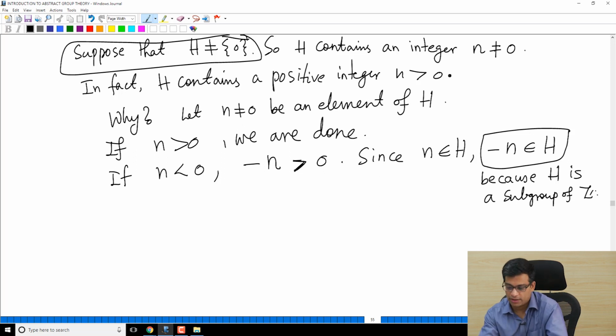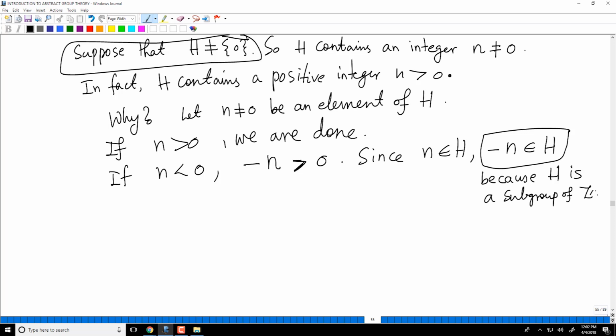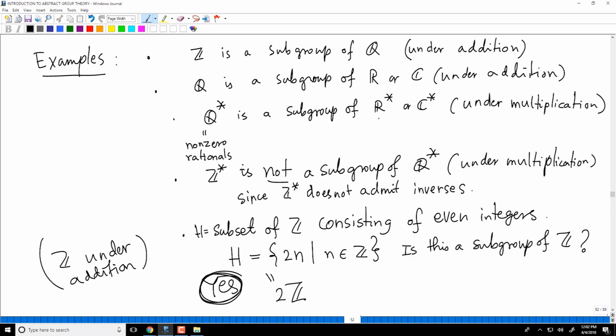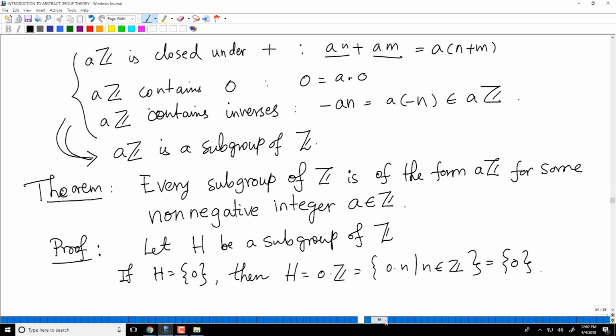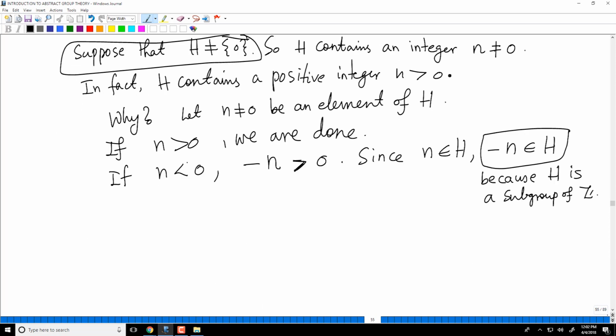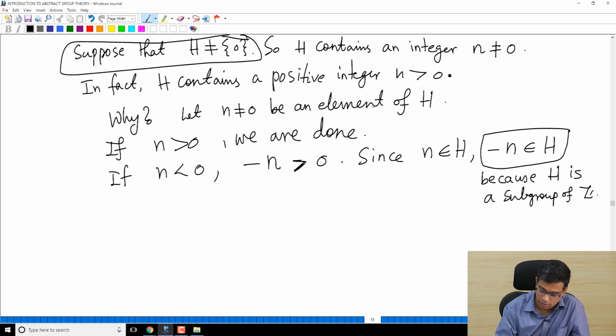This is where we have used the fact that H is a subgroup. If you recall the definition of a subgroup, if a belongs to H, the inverse of a belongs to H. In my example, I am working with Z under addition, so inverses are negatives. If n is in H, minus n is also in H. So, if n is negative, minus n is positive. So, I have justified the statement that H contains a positive integer.